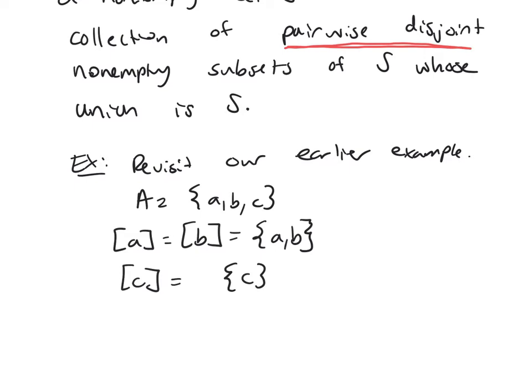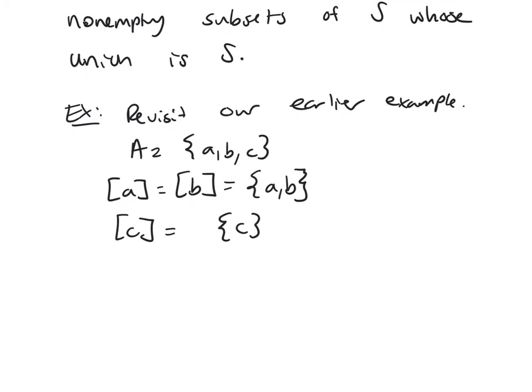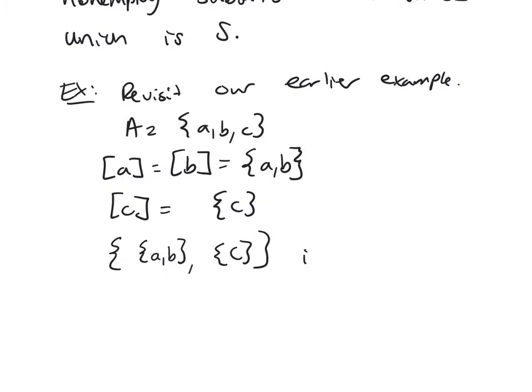And if we look at the set of these equivalence classes, so the set containing the equivalence class AB and the set C, we can see that this is a partition of A. Why is this a partition of A?